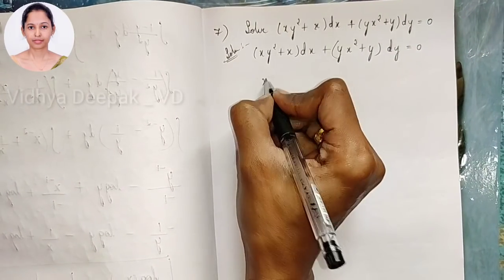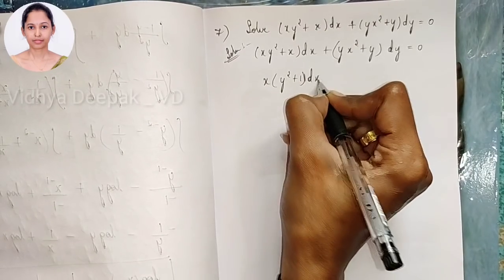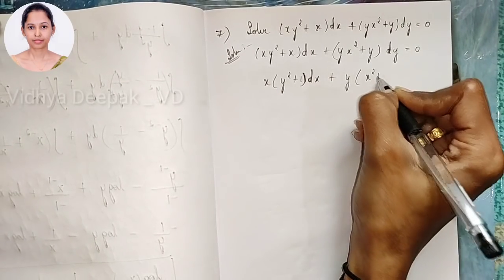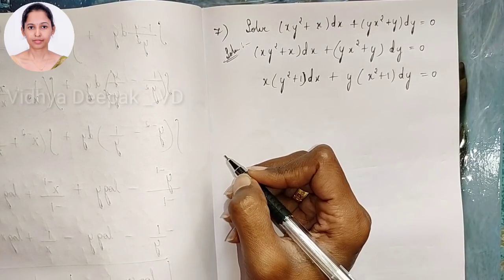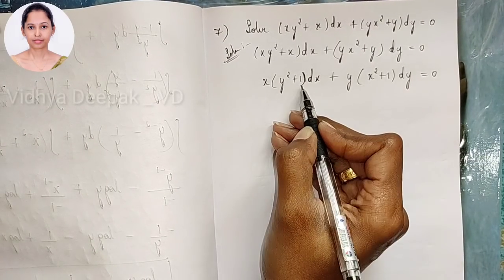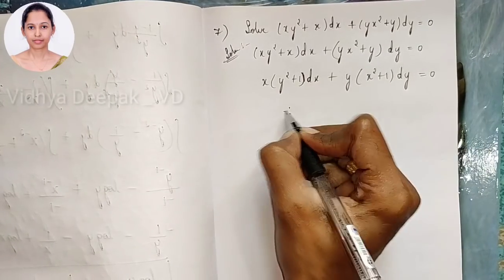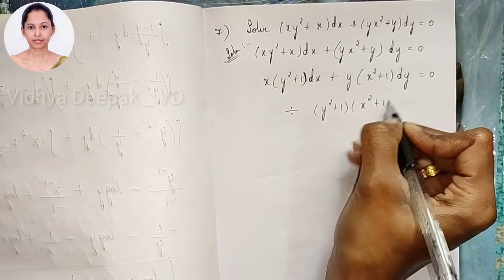Taking x common outside, we are getting x into (y square plus 1) dx plus, taking y common outside, we get y into (x square plus 1) dy is equal to 0. So here y square plus 1 is extra, here x square plus 1 is extra. So divide the given equation by (y square plus 1) into (x square plus 1).